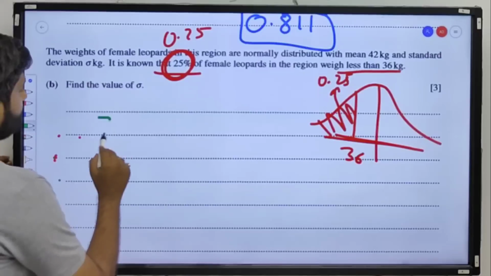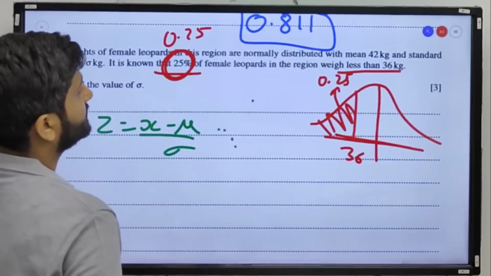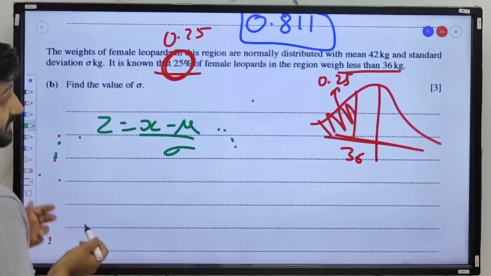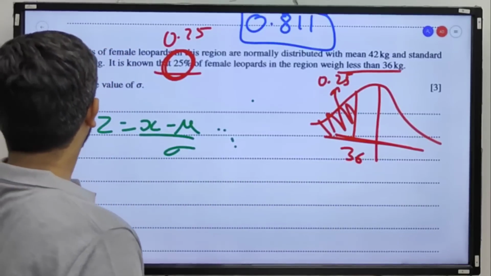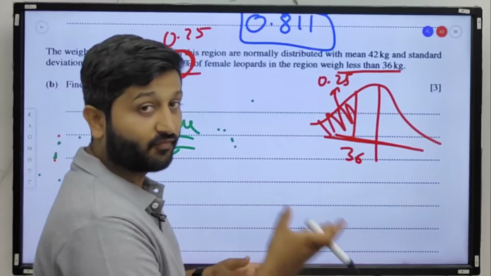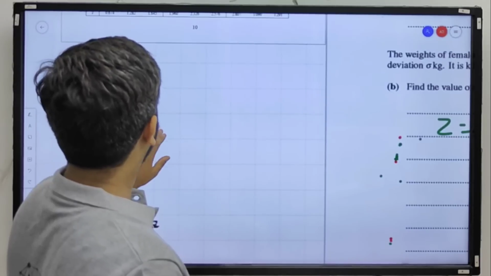So we know Z is equal to x minus mu upon sigma, right? Sorry, let us find out Z first. We have 0.25. So first we'll have to find out for what value of Z we get probability of 0.25. Let us use the critical value table.